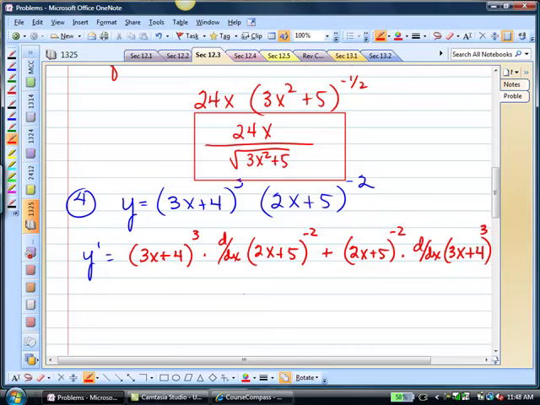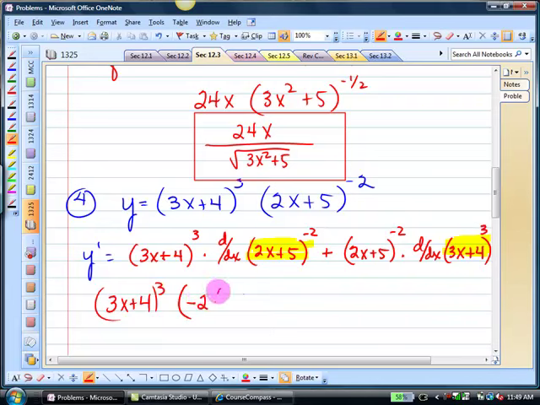Okay. So we are taking the derivative here and here. And we have chain rule on both of those. Okay. So we have 3x plus 4 to the third times, what's the derivative of that guy?